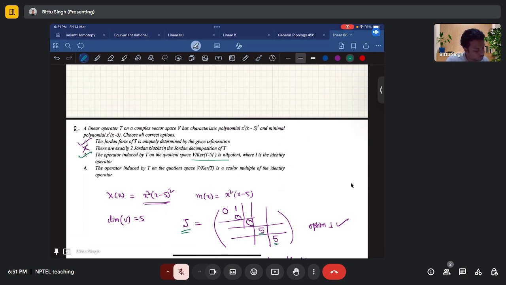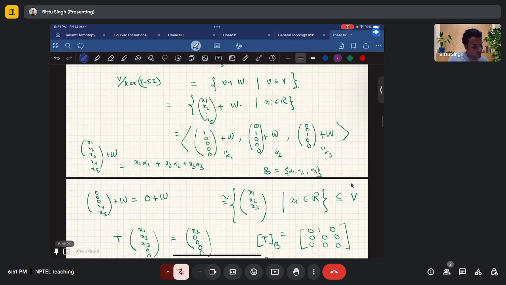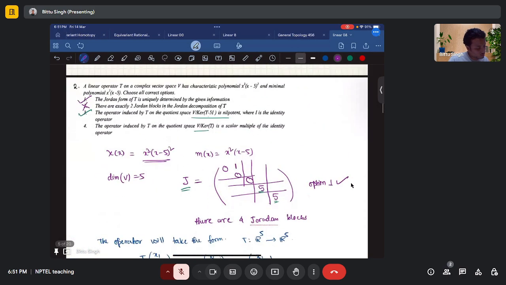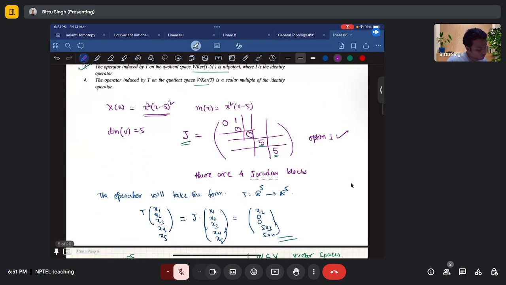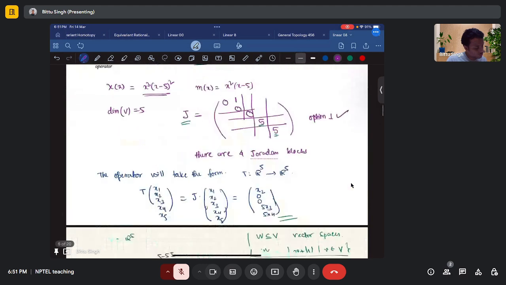Now for option 4, let us look at what happens when we do the same thing for V mod kernel T, whether it is a scalar multiple of the identity operator or not. So let us see what happens when we do the same process on V mod kernel T. So what is V mod kernel T actually? It will take this form. Let us again look at what kernel T is.